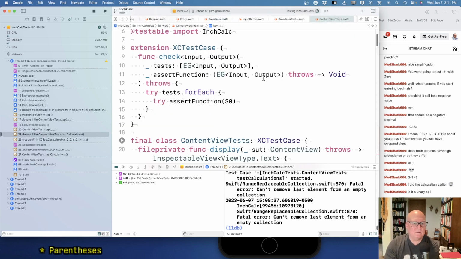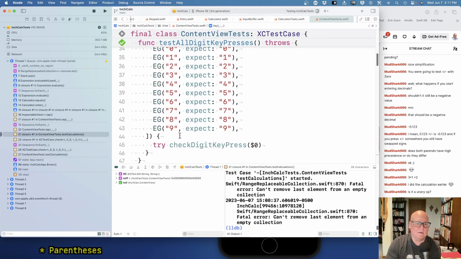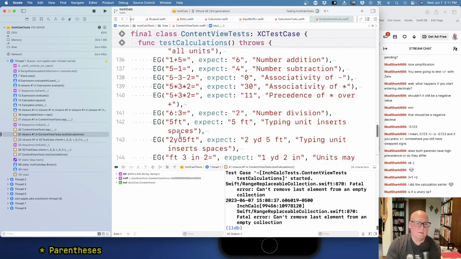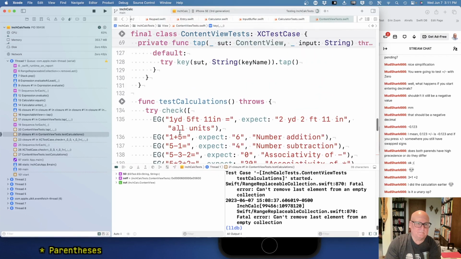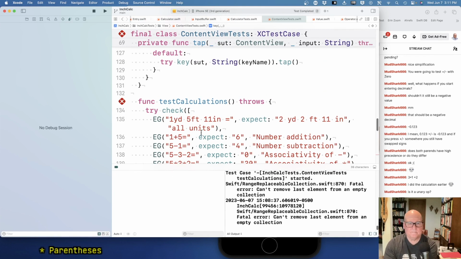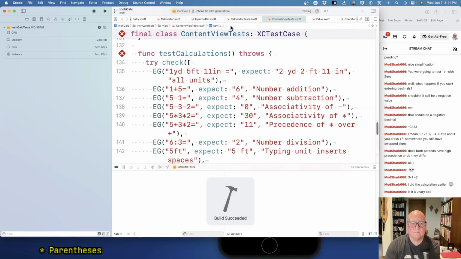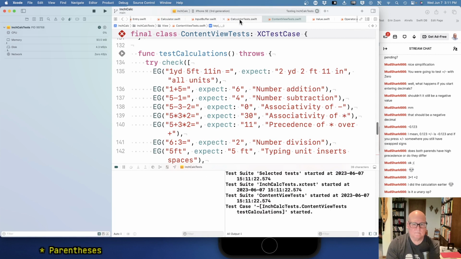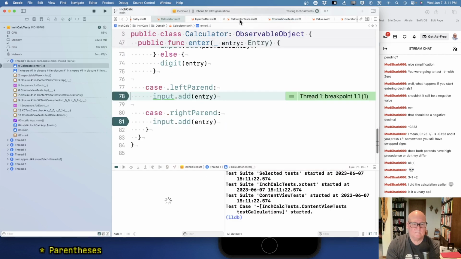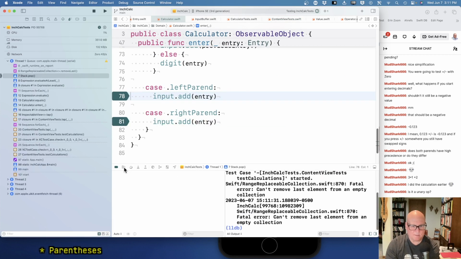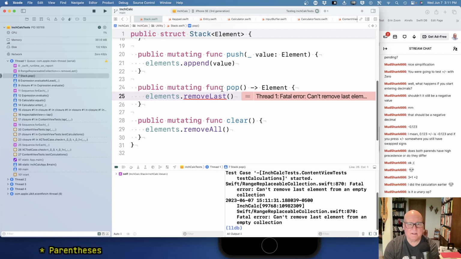Okay, content view. Okay, so that's adding the left parenthesis, that's adding the right parenthesis, and then somewhere after that, okay, and then pop, evaluate at least.